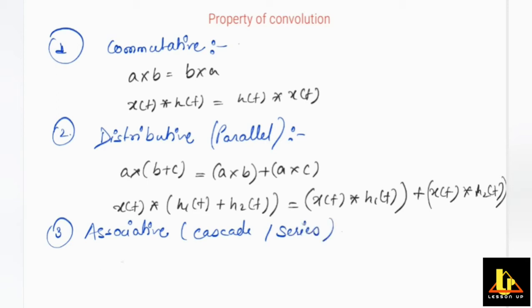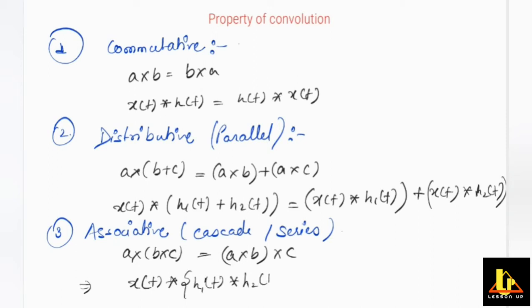According to this property, if A into B into C is equal to A into B into C, then x of t convolve with h1 of t convolve h2 of t will be equal to x of t convolve h1 of t, whole convolution with h2 of t.